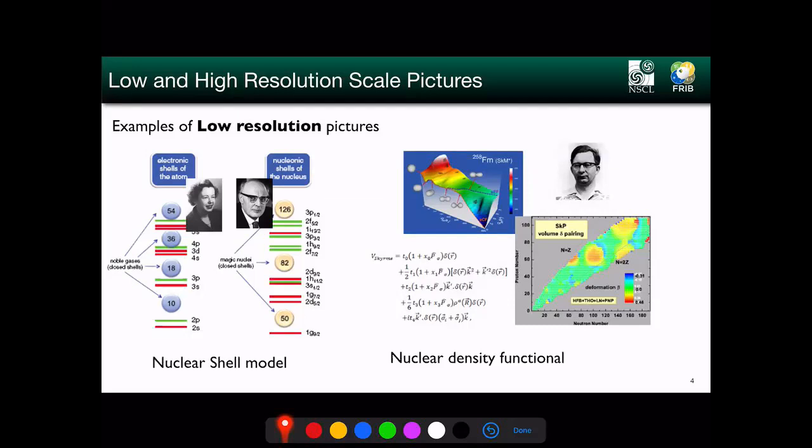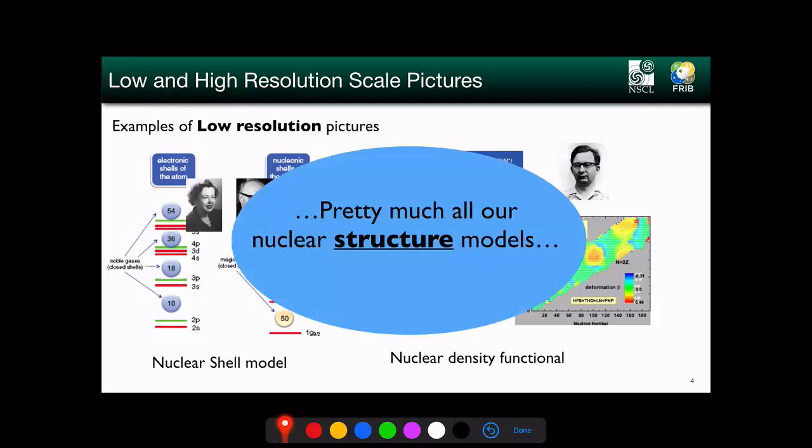The point here is that pretty much all of our nuclear structure models, with emphasis on structure, are what I would call low resolution pictures.